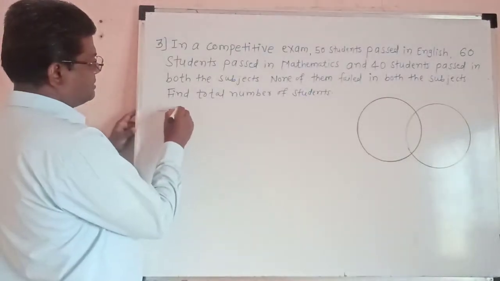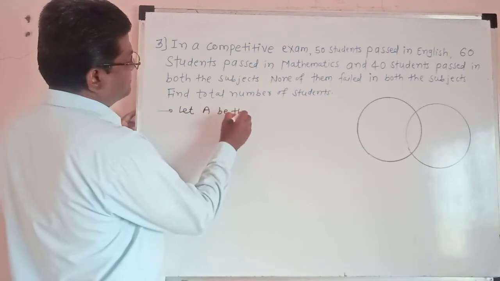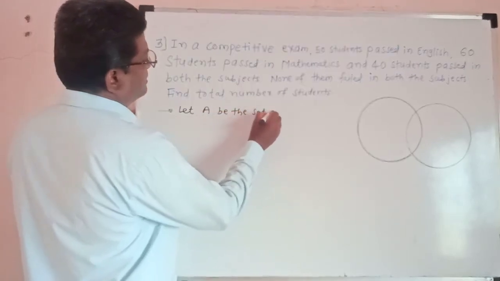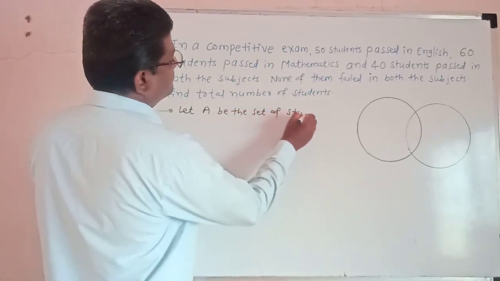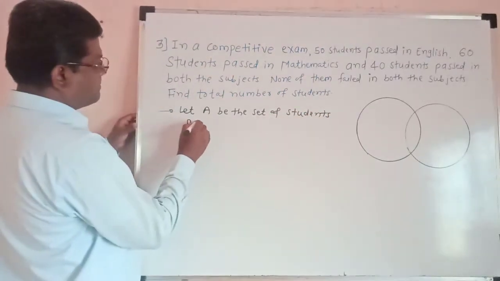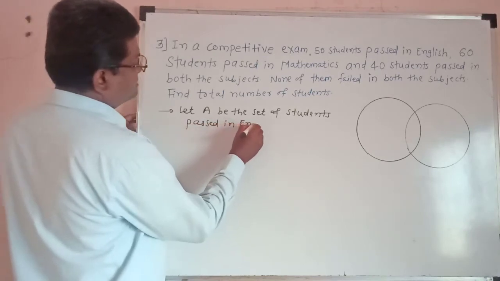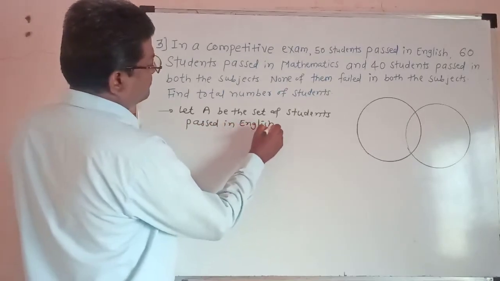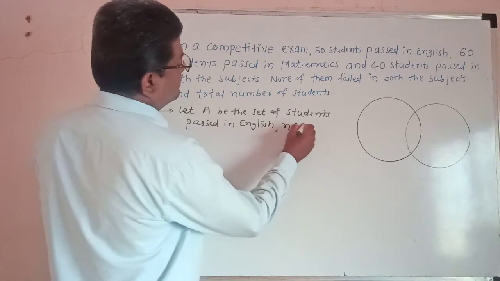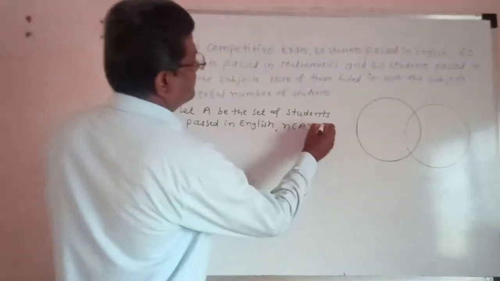Now let A be the set of students pass in English. Therefore, n of A is equal to 50.